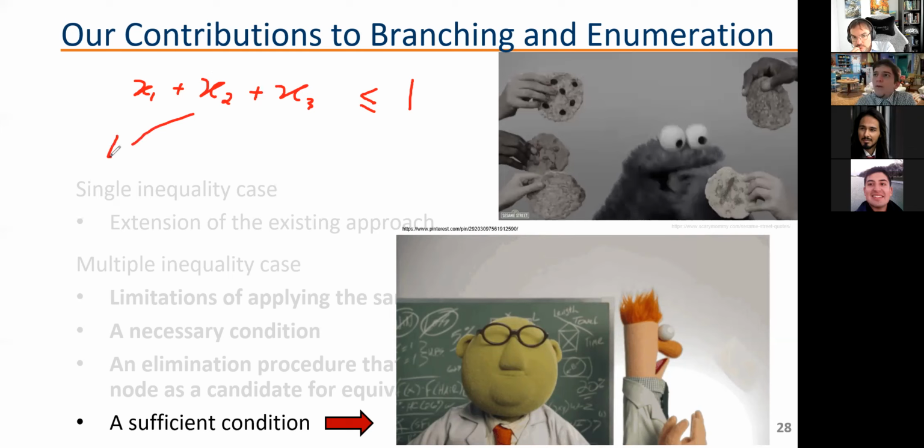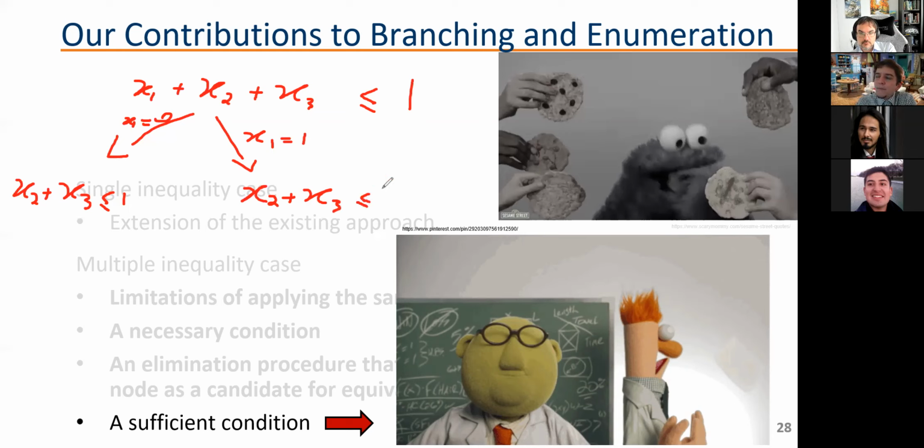So let's say if we have x1 equals 0, then we have a subproblem similar to that one, but with the right-hand side of 1 again, right? If we have x1 equals 1, then that right-hand side is going to change, right? It's going to be x2 plus x3 is smaller than or equal to 0.